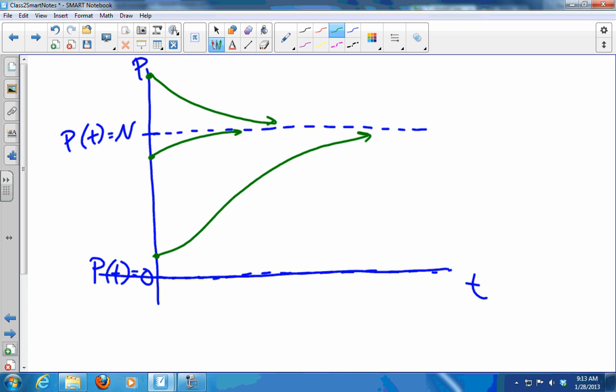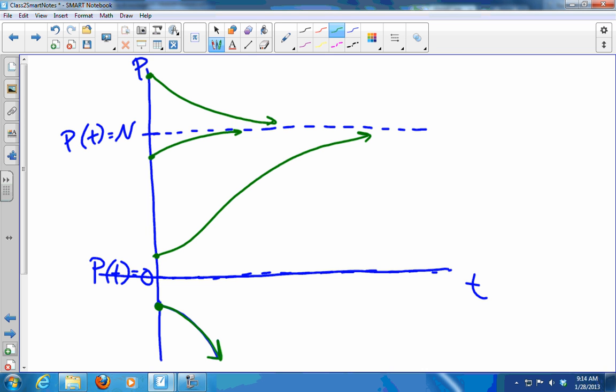In this particular example, starting below 0 doesn't make sense because you can't have negative rabbits. But if we were just talking about this as a theoretical thing, these would go away from that asymptote. So these are several possible solutions, each one corresponding to a different initial condition.